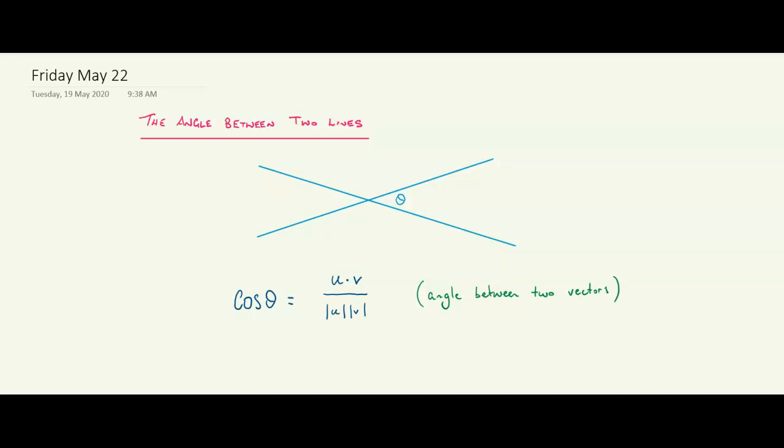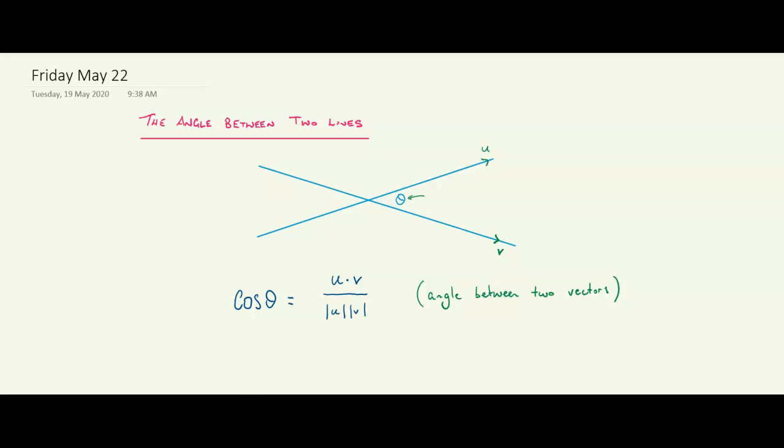Because if we're going between two vectors, I'll just do a little example here. If this is my u and this is my v, then that here, that's my theta, because the definition is the angle between two vectors going in the same direction, if you like. So as they go out in their directions, it's the angle between those two vectors.